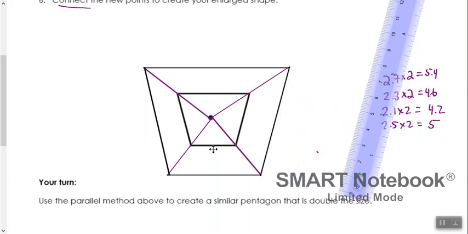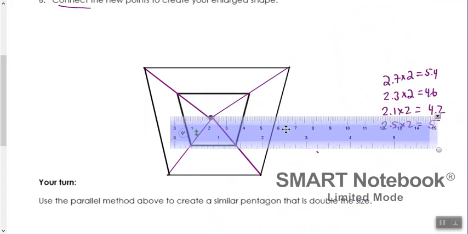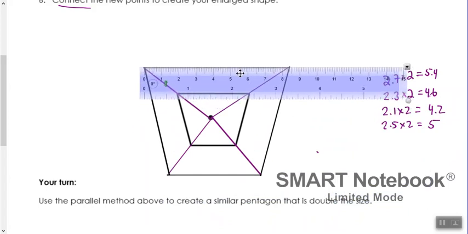So even though it wasn't quite in the center of the shape, notice how our 2.7, 2.3, 2.1, 2.5 was longer to reach each of our vertices. This should still be twice as big. Let's do a quick check. This one's a little bit nicer to measure.